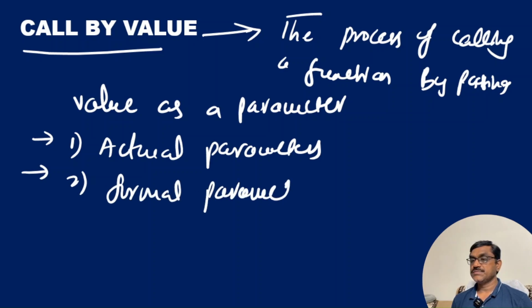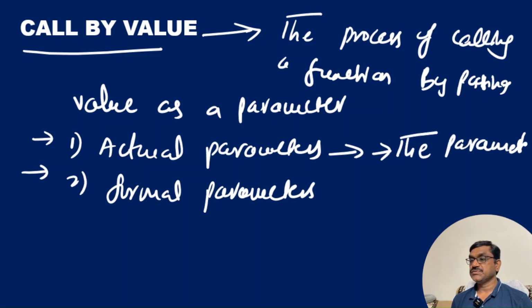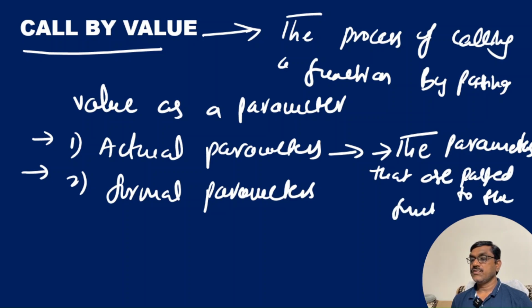See, actual parameters are nothing but the parameters that are passed to the function. The parameters that are passed to the function are called actual parameters. Right? Now, what do you mean by the formal parameters?